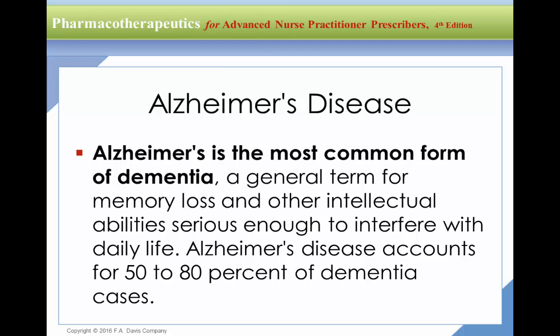It causes progressive cognitive deterioration characterized by amyloid deposits and neurofibrillary tangles in the cerebral cortex and the gray matter as well. It is the most common cause of dementia. Basically 80% of dementia in the elderly is associated with Alzheimer's. Most cases are late onset, and it is very often confused with delirium, which is an acute onset.